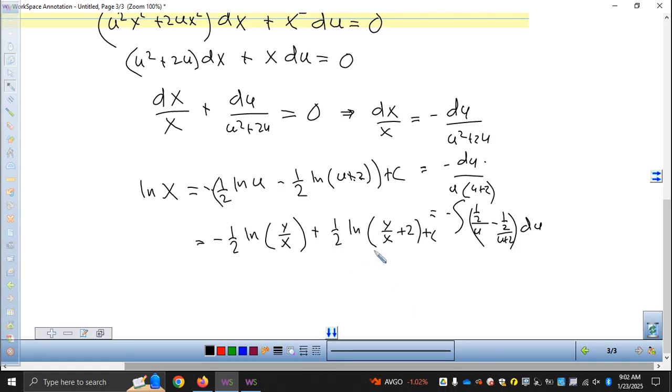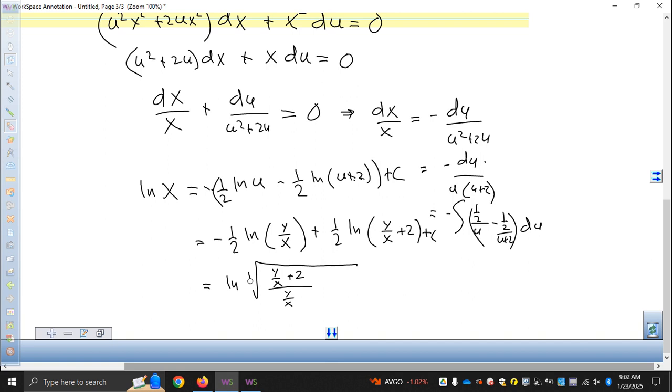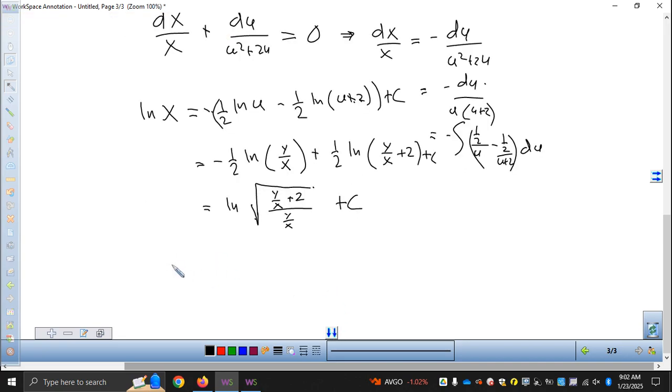And I combine these, so the natural log of x equals the natural log of the square root, the 1/2, y over x plus 2 over y over x, and the square root takes all of that in, plus c. Then we can exponentiate both sides, and x equals c1 times the square root.